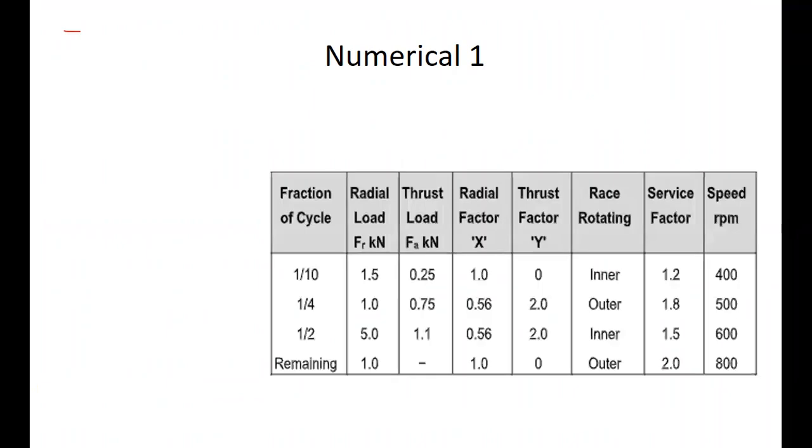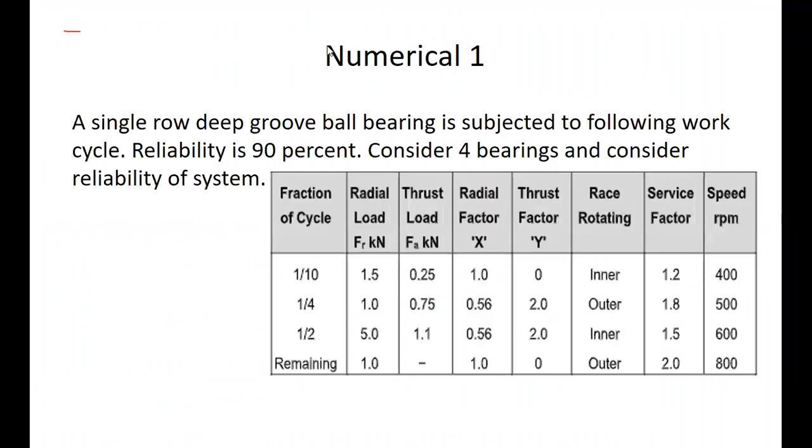Moving ahead, let us start with numericals. We'll try to solve at least 4 numericals. The first numerical says a single row deep groove ball bearing is subjected to the following work cycle. Reliability is 90%.